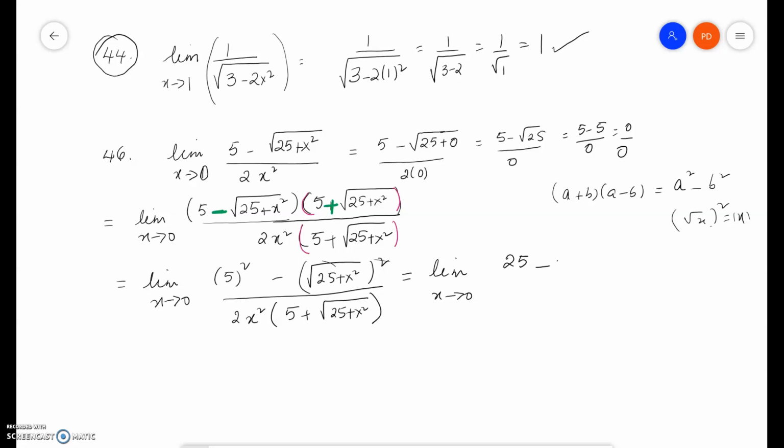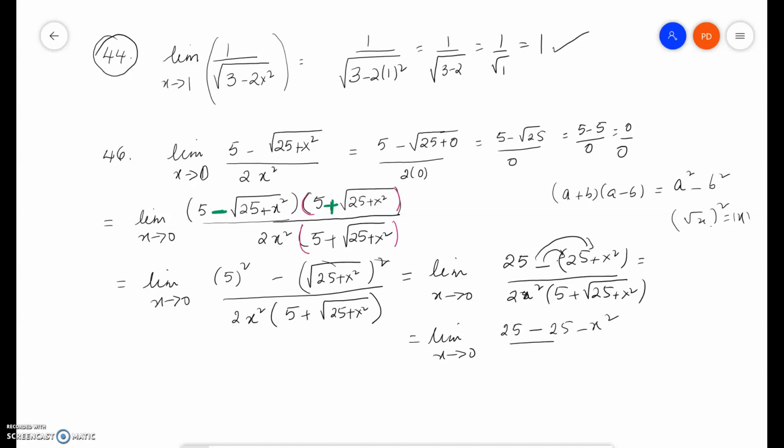So that would be minus, in parentheses, 25 plus x squared, divided by 2x squared times 5 plus radical 25 plus x squared. So that is equal to the limit as x approaches 0 of 25 minus 25 minus x squared, divided by 2x squared times 5 plus radical 25 plus x squared.